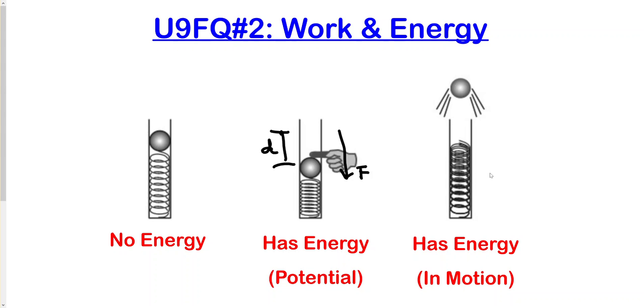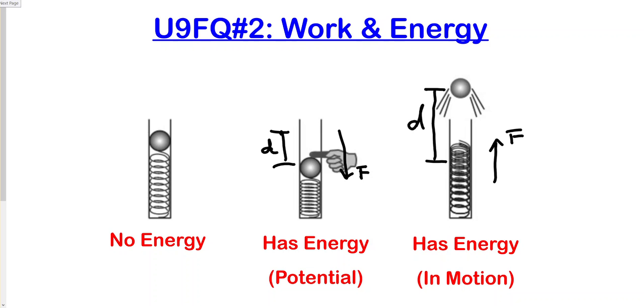Then if we remove our finger, the spring is going to apply a force to it, and it would have some displacement again, which means the spring did work on the ball, and now that ball has energy. We would say its energy is in motion. So this focus question really relates to how all those things tie together.